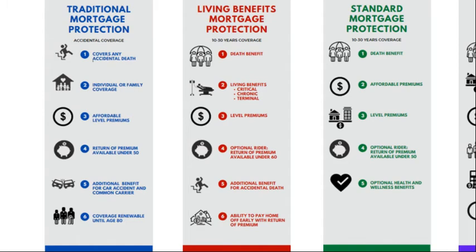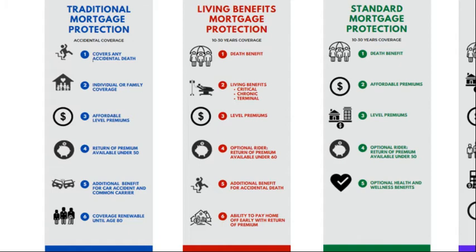This covers any accidental death. There's individual and family coverage. These are affordable level premiums. So again, they do not go up. There's return of premium available for under 50. There's additional benefits for car accident and common carrier deaths. And coverage is renewable until the age of 80. So this covers all the way until the age of 80.